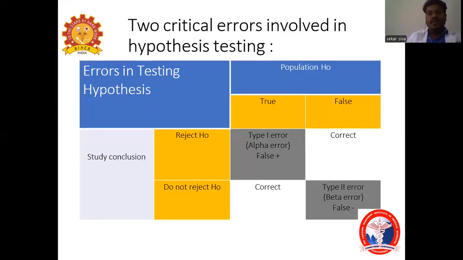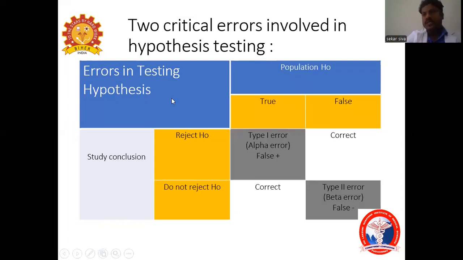So what are the main errors happening in a sample size calculation? There are two critical errors involved in hypothesis testing. For example, this is a population hypothesis, and this is a study conclusion.